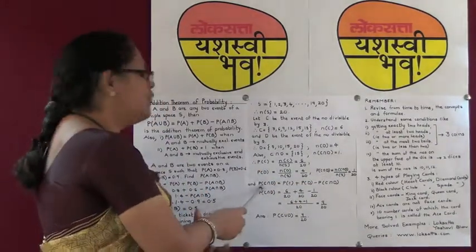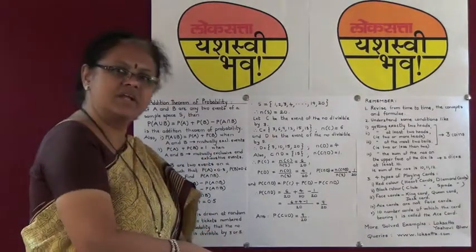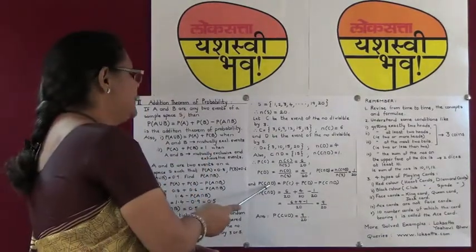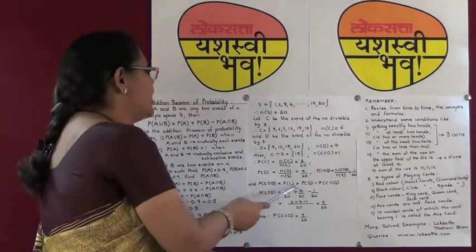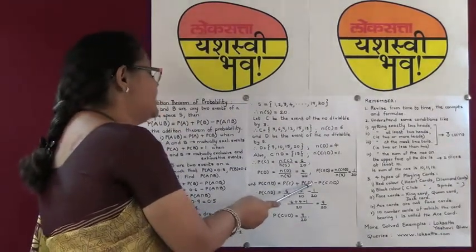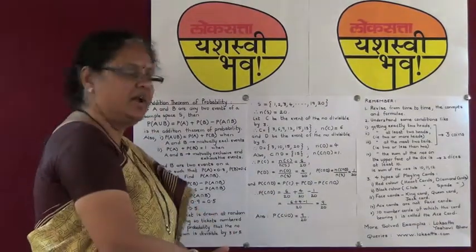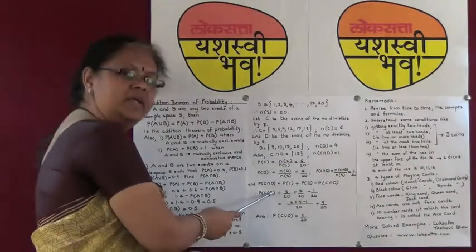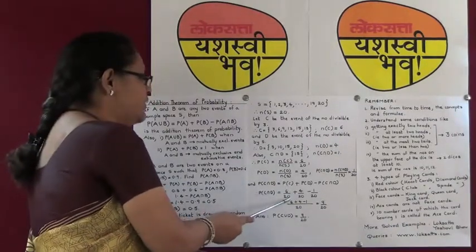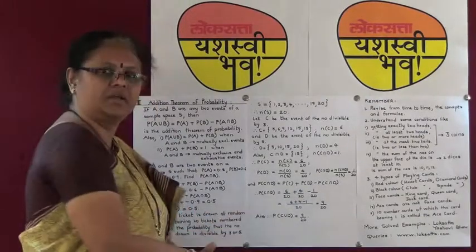Now write the formula. What formula? The addition theorem of probability, which states probability of union of C and D is probability of the event C plus probability of event D minus probability of intersection of C and D. And so we say probability of C union D is equal to 6 upon 20 plus 4 upon 20 minus 1 upon 20.